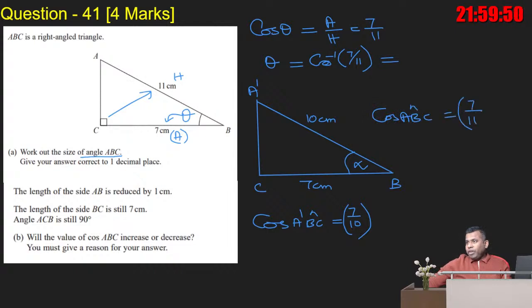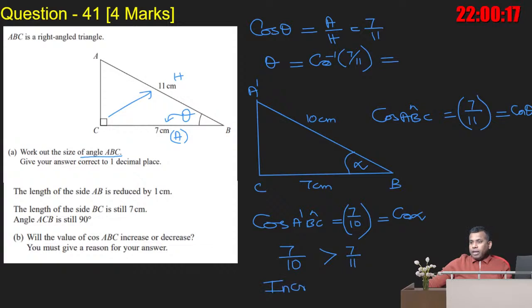So which one is bigger? If the denominator is reduced, the answer will be bigger. So this is cos alpha and this is cos theta. You need to say 7 over 10 is greater than 7 over 11, right? So therefore, you need to conclude it will increase.